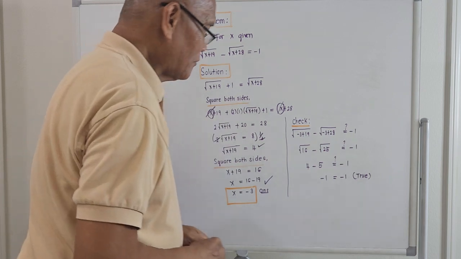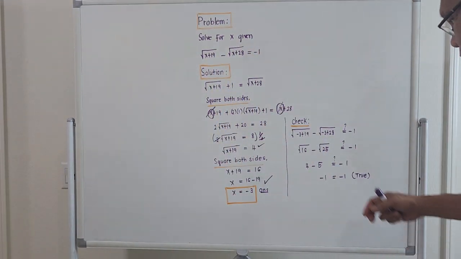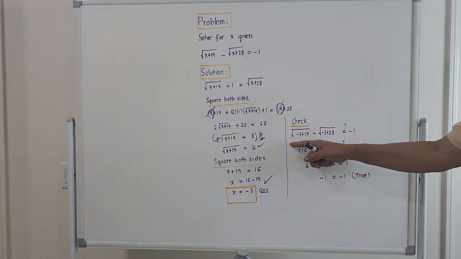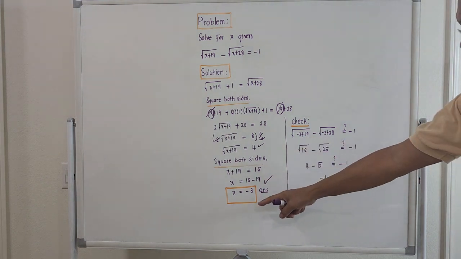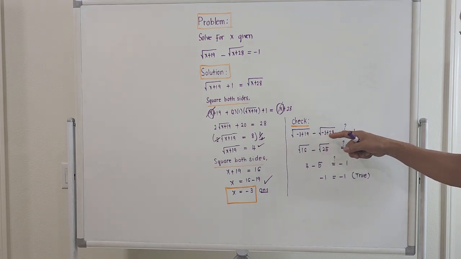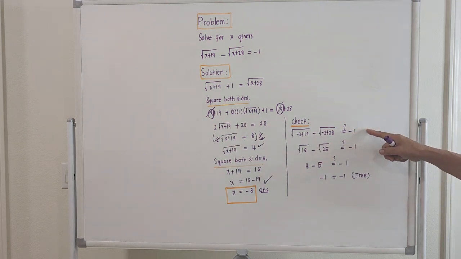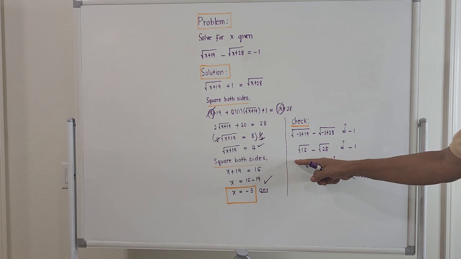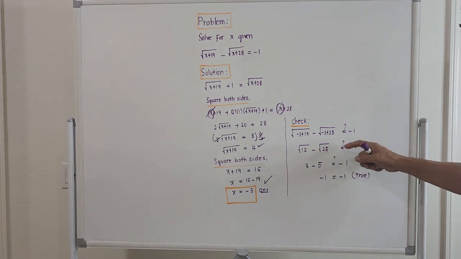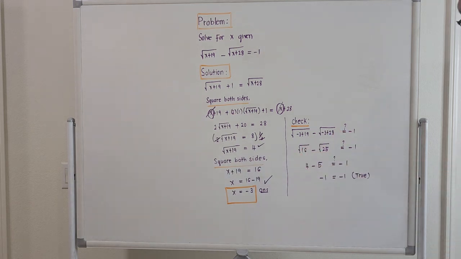To check the validity of our answer, we go back to the given radical equation. The square root of negative 3, the computed value of x, plus 19, minus the square root of negative 3 plus 28 under one radical sign. Is it equal to negative 1? Square root of 16 minus the square root of 25. Is it equal to negative 1? We'll just take the positive root for the meantime.